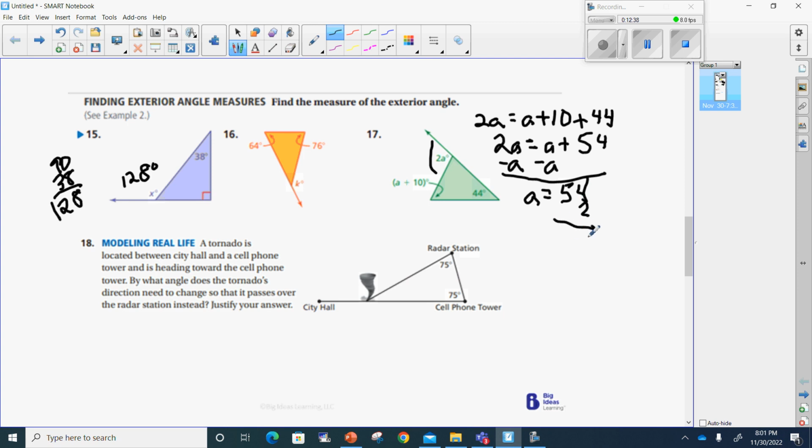And that's going to give us 108. So this exterior angle here is 108 degrees. All right. Let's move on.